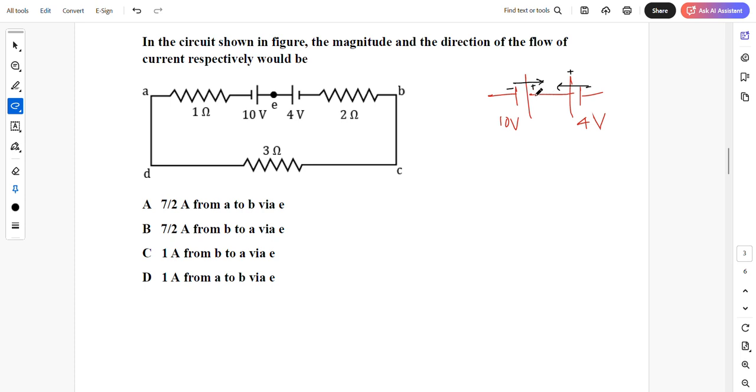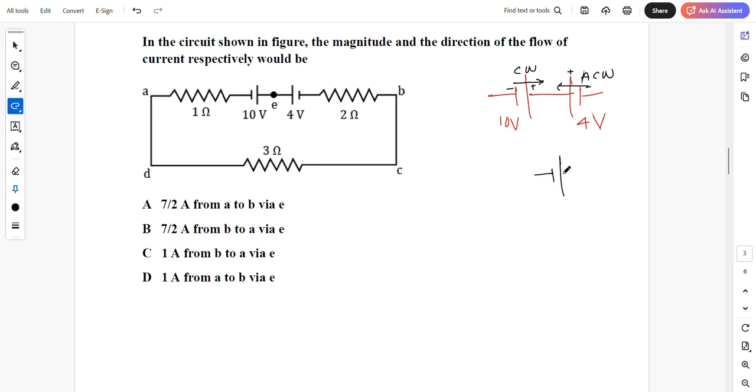Because this is the positive terminal, the current will flow like this, and like this in the anti-clockwise direction. This will be clockwise and this will be anti-clockwise. Which is dominating, 10 volts or 4 volts? 10 volts is dominating, therefore the current will flow clockwise only.